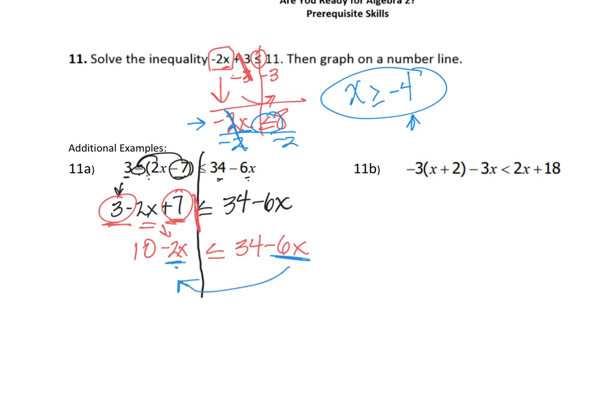Because it's negative, I have to use the opposite sign to move it to the other side. I'm going to add 6x to both sides. So it cancels it from the right, and on the left I'm going -2x plus 6x to give me +4x.